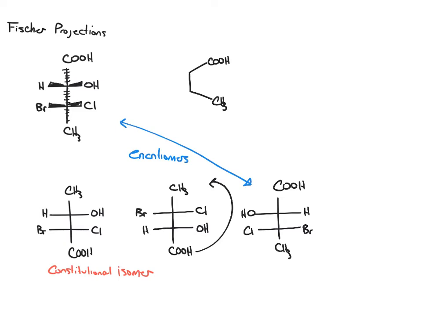Okay, so if I'm drawing it like that, I'm basically viewing it from this side, because that's the way these groups are wrapped around to the back. So if we twist that over and flatten it out, we would get this. All right, so now on each of these carbons, we have a dash and a wedge group.